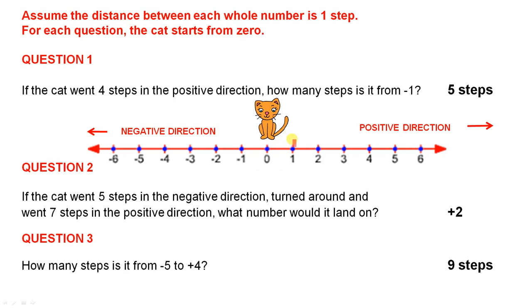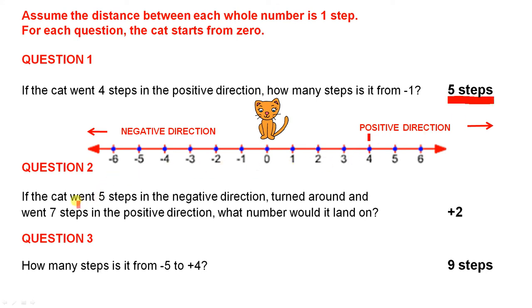So it goes 1, 2, 3, 4 steps in the positive direction. So it is here. Now how far is that from -1? Let's have a look. 1, 2, 3, 4, 5. So it's 5 steps from -1.